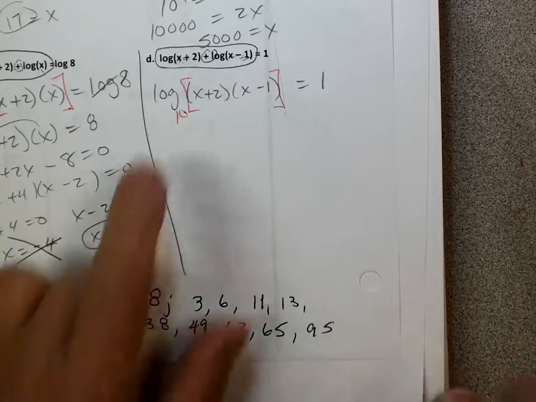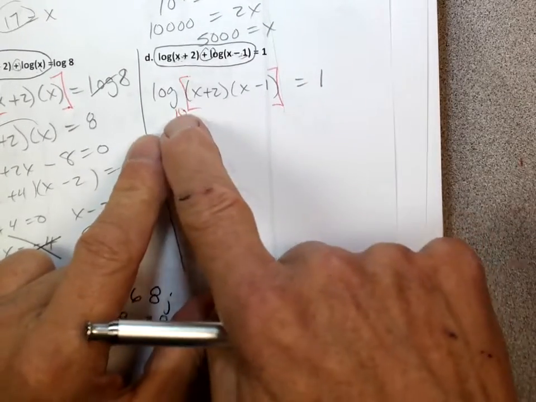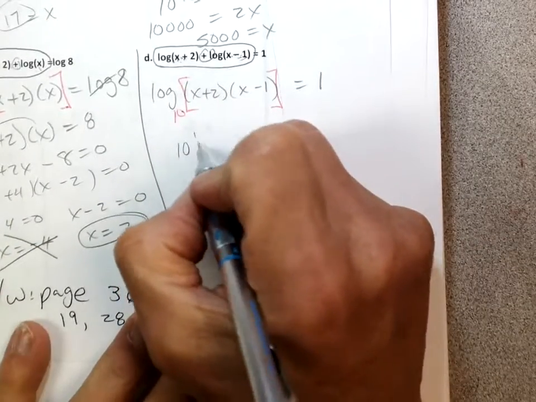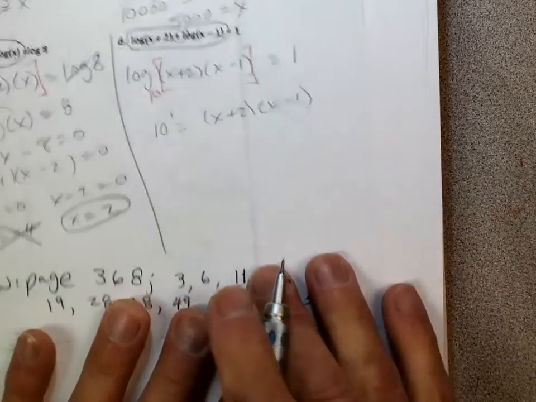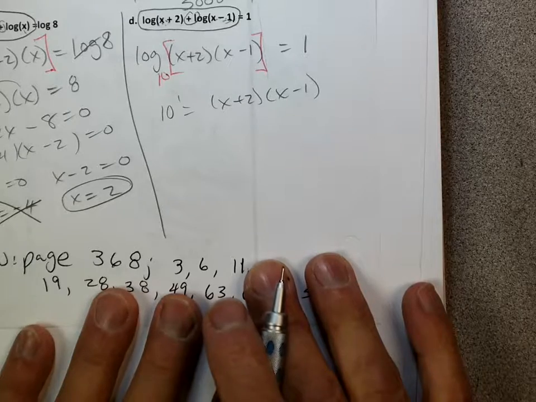And now here's what I'm going to do. 10 to the 1 power equals what's inside equals the answer. So go 10 to the 1 equals x plus 2, x minus 1. Okay? Let's FOIL. First, outside, inside, last.